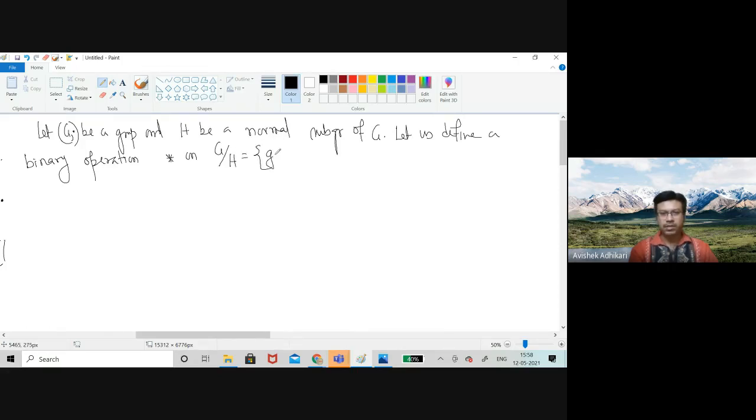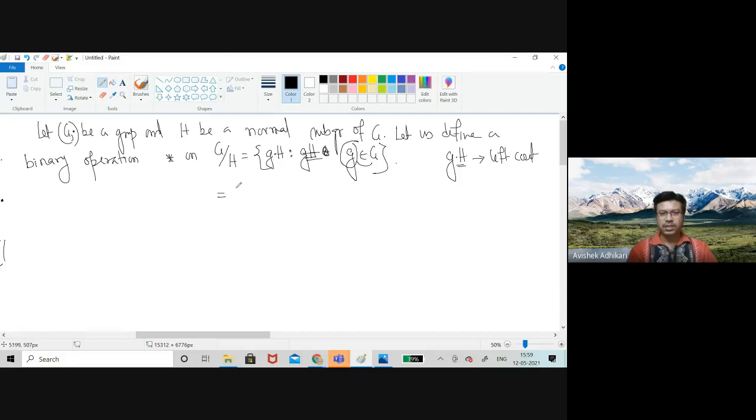This is the set of elements of this form, gH, such that g belongs to G. If I consider only one g multiplied with H, then that will give me one left coset. So this is a left coset. Now if I vary all g belonging to G, then this is the collection of all left cosets of H in G.